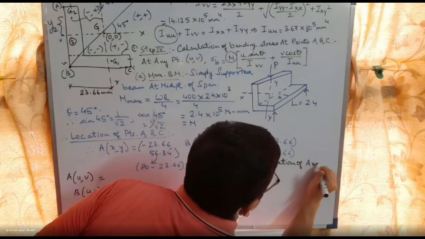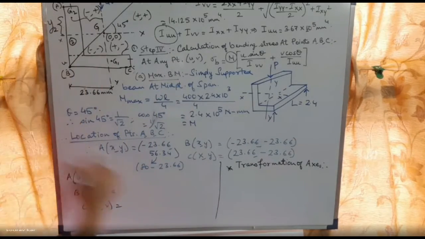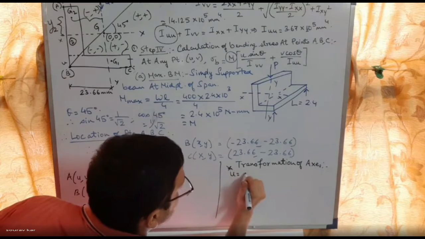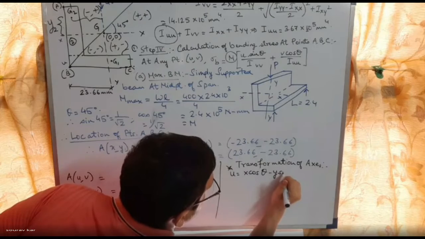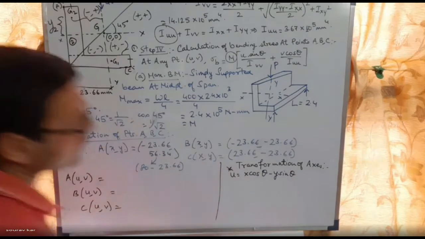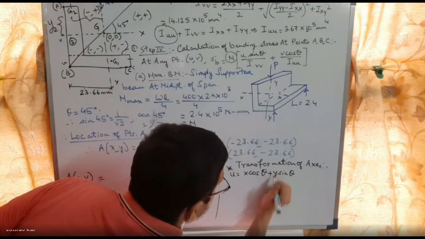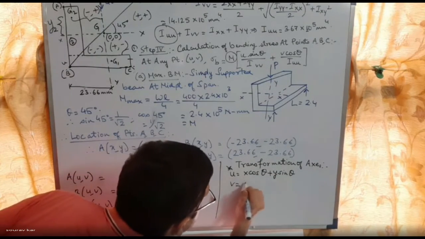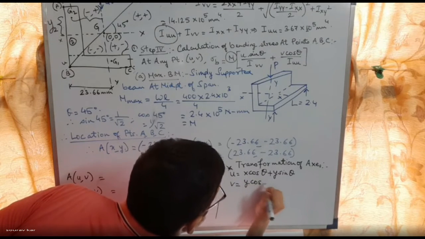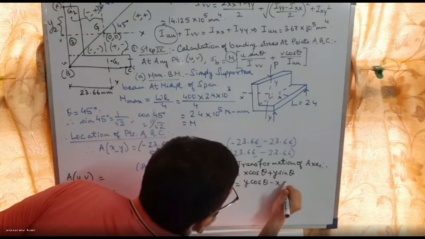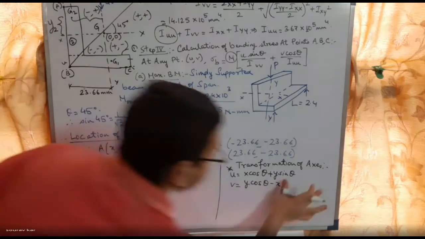If X and Y is converted to U and V, then U will become X cos theta plus Y sin theta. V will be Y cos theta minus X sin theta.